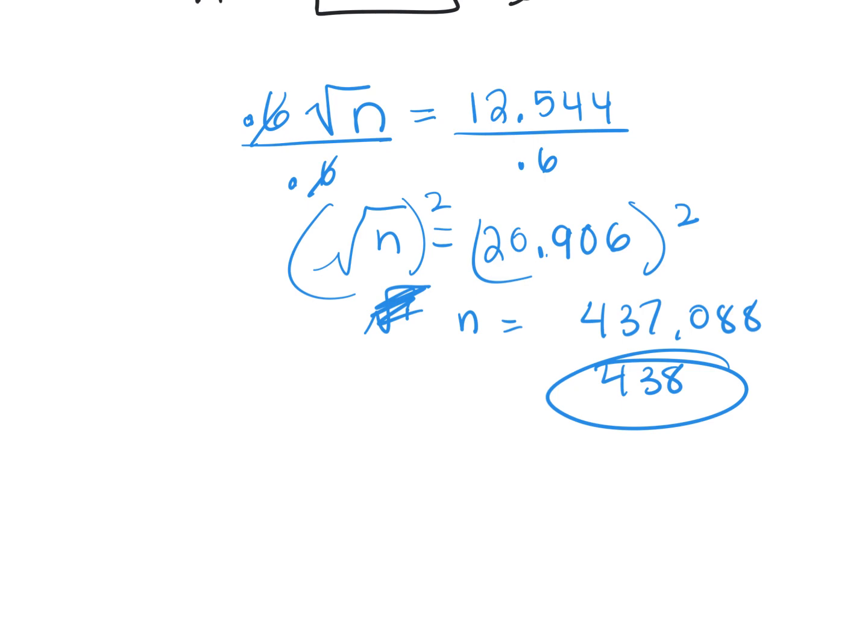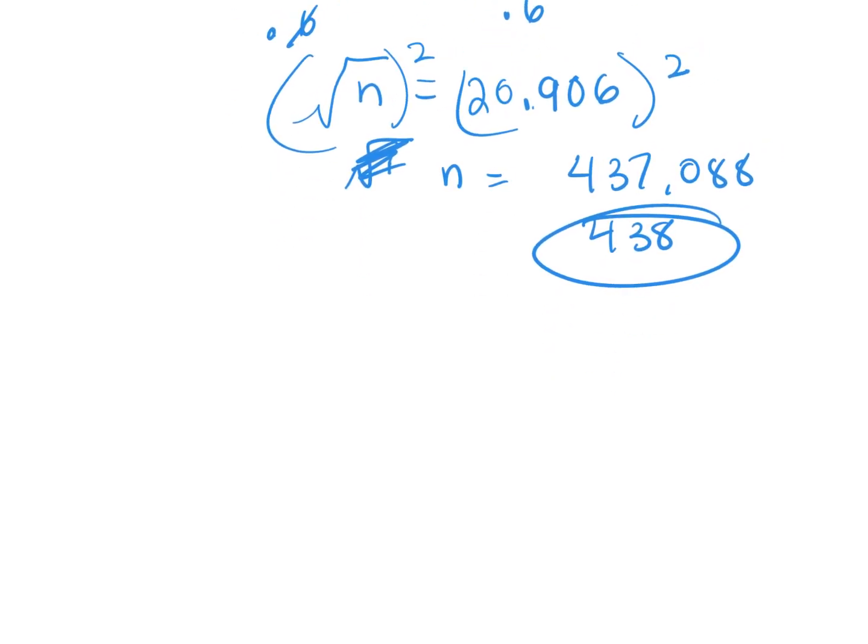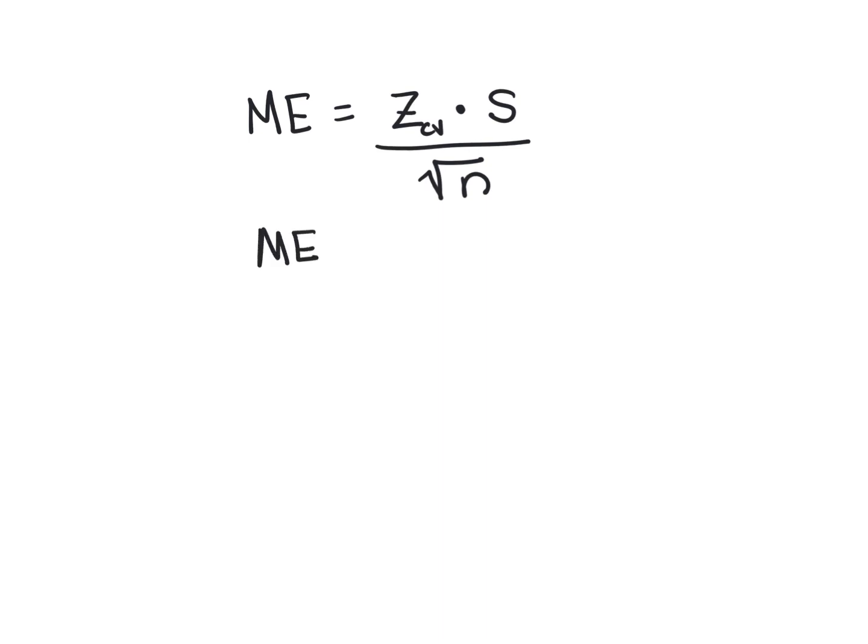But while I'm at this, I just want to tell you that in your book, there is a formula for this. Let me show you how that formula is derived. Remember that we're looking for a margin of error. And I just told you that our margin of error is our z-critical value times our standard deviation divided by the square root of sample size. That's how you build a confidence interval. You use algebra 1 to solve this for n. Multiply both sides by the square root of n.